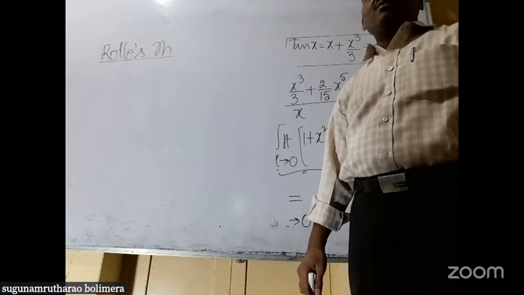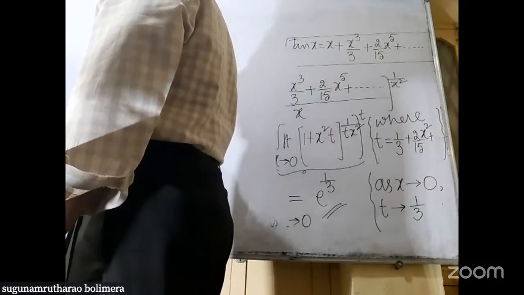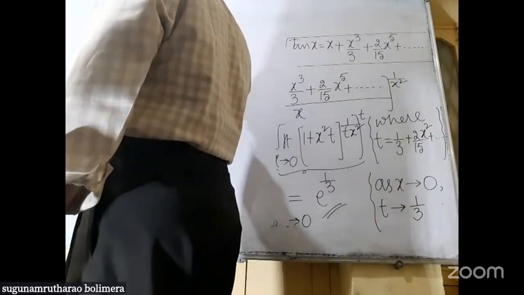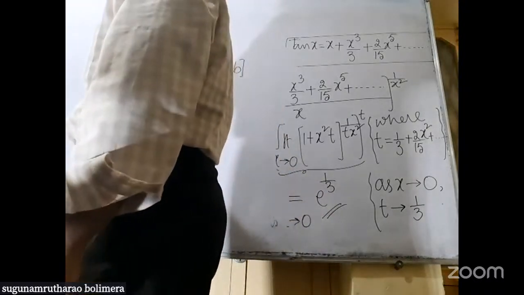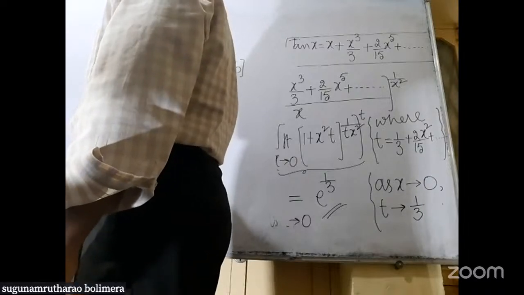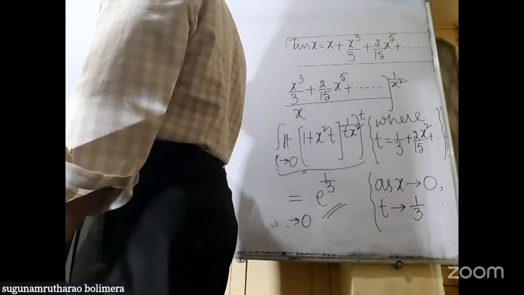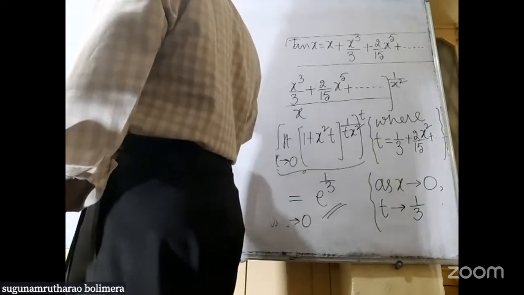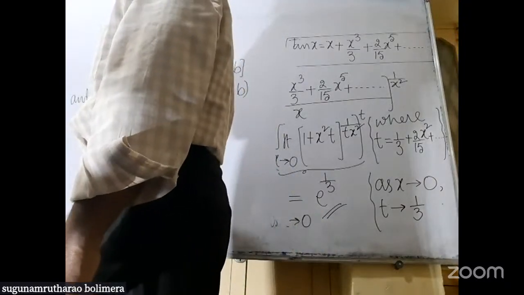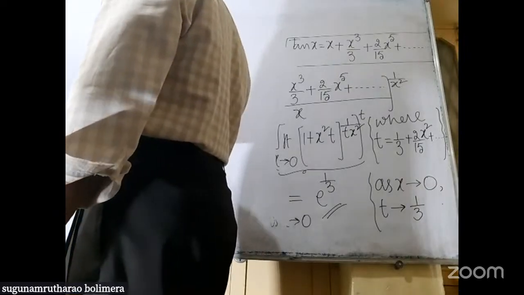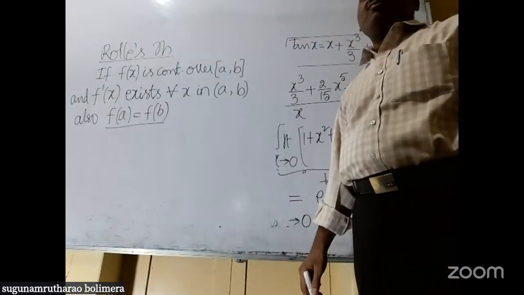If f of x is continuous over closed interval [a, b], and f dash of x exists for all x in open interval (a, b). Also, f of a equals f of b.